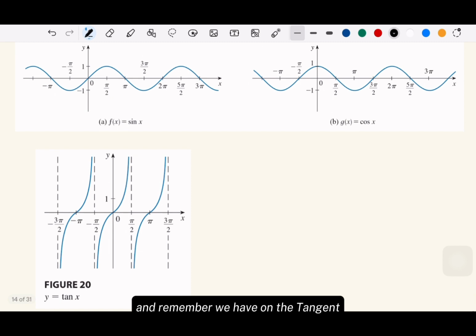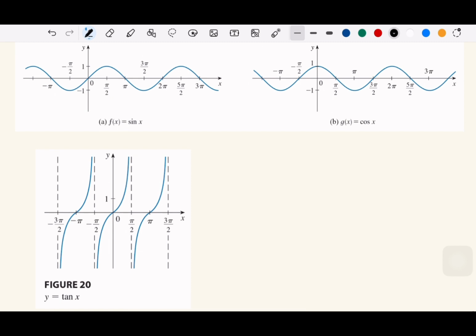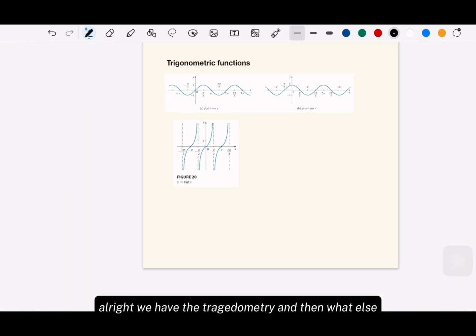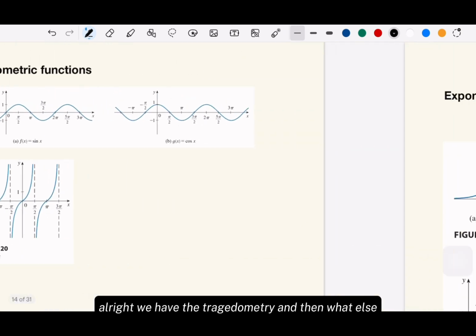And remember, on the tangent, we have this so-called asymptote, the thing that makes this function undefined. Okay, all right. We have the trigonometry, and then what else?